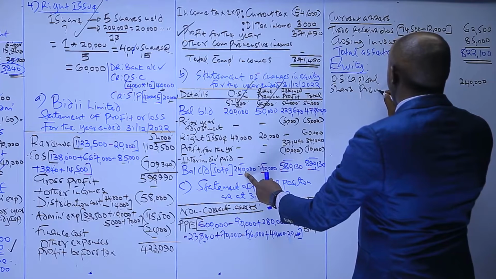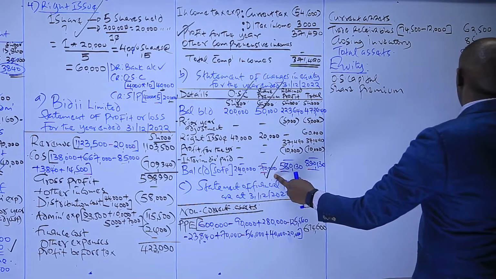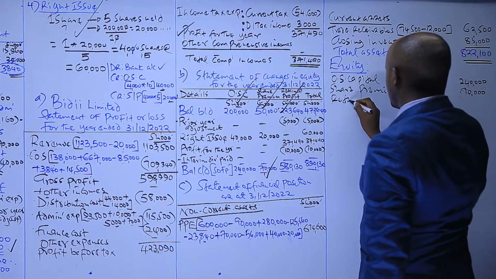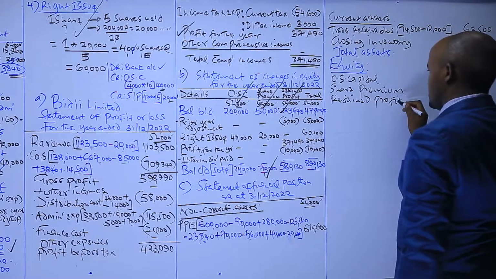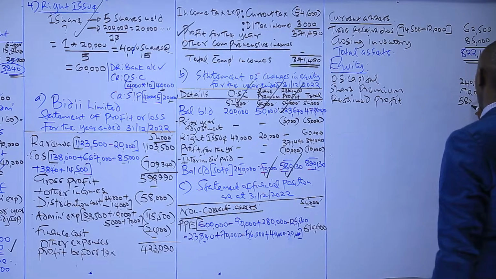The balance at the end of the year for share premium is what? 70,000. Then we have the retained profits. At the end of the year, it was 580,130.